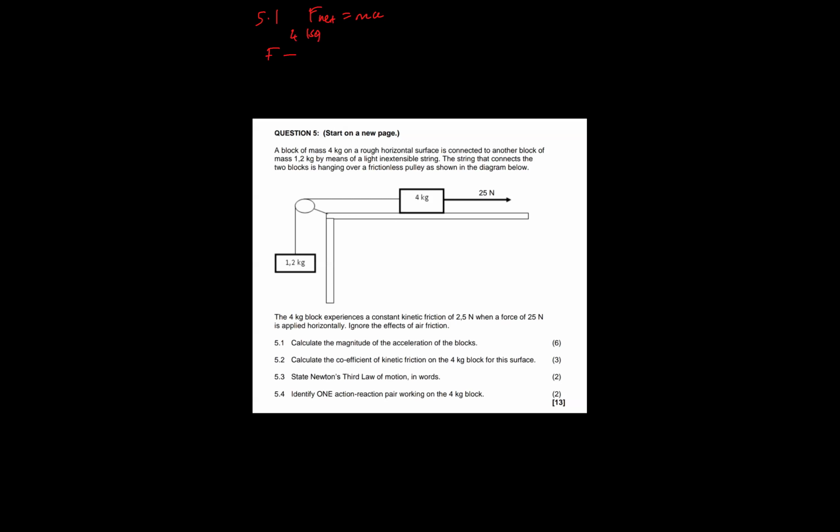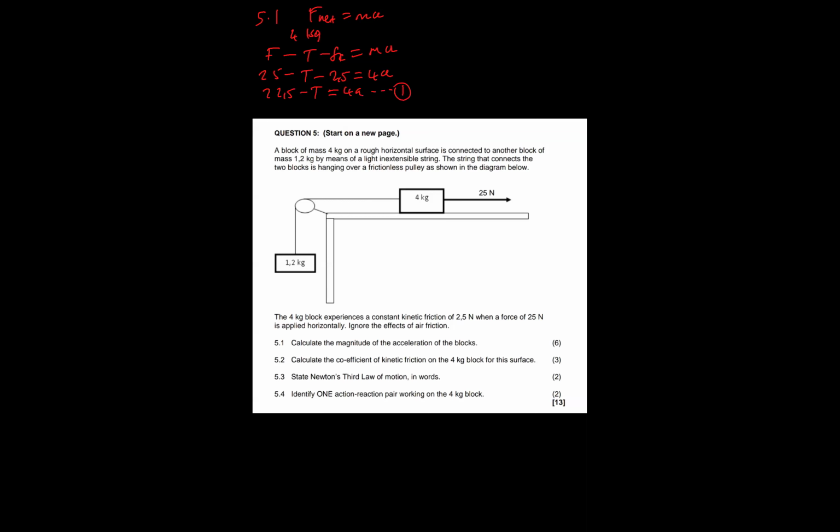F minus T minus Fk is equal to Ma, which is 25. T is not given. Fk is given, it's 2,5. M is 4A. So what is 25 minus 2,5? It's 22,5. Yes. This is equation number 1.